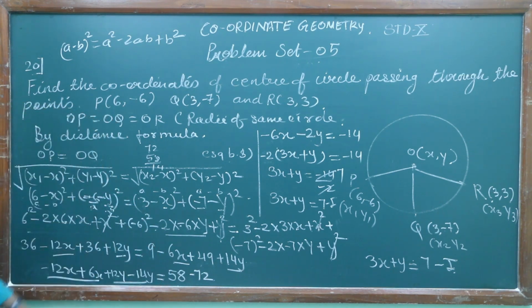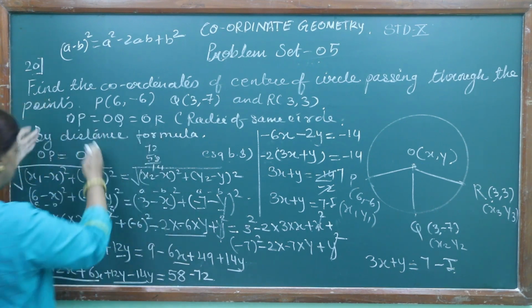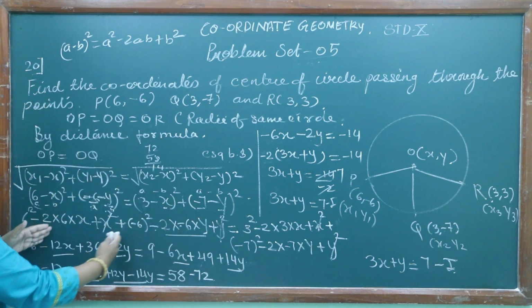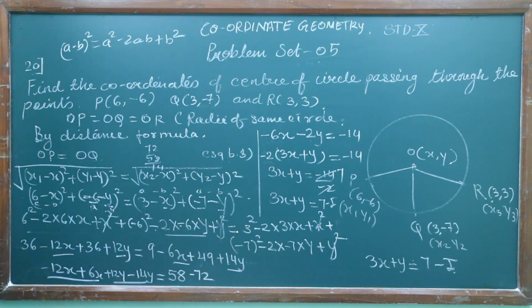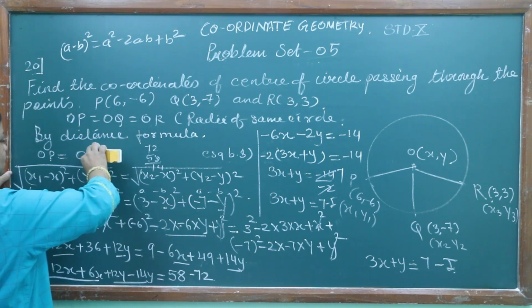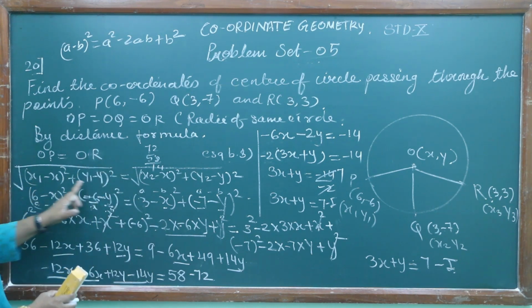Now let me rub the board, children. Now you know the second length which I am going to take is OP equal to OR. OP means it will remain the same here up to here. So I will keep this as it is, OP, and I am just writing here OP is equal to OR. The OP remains the same.